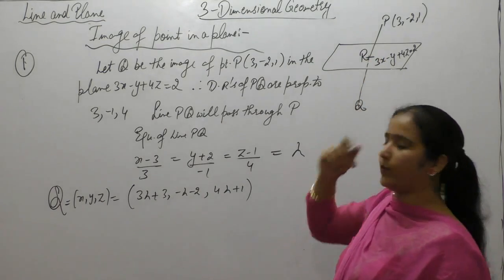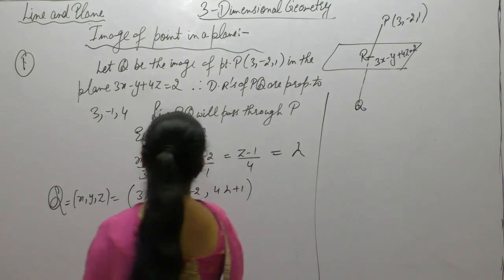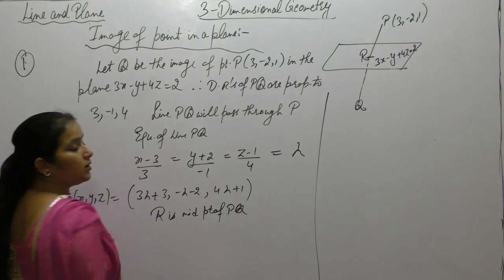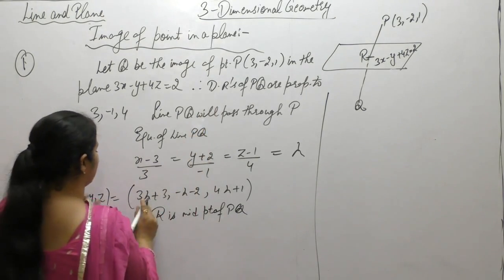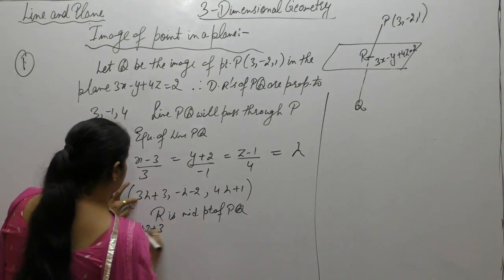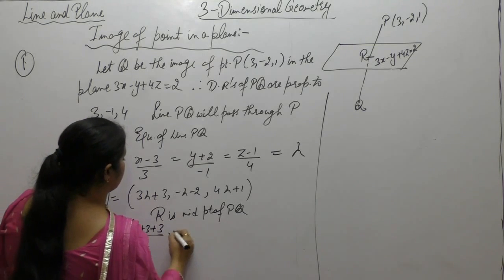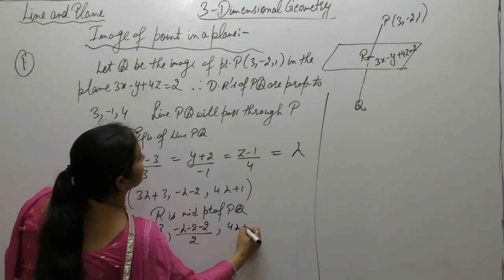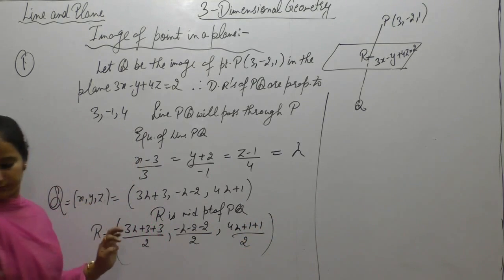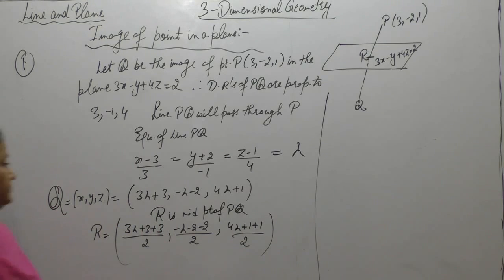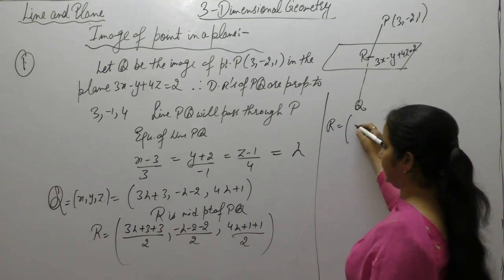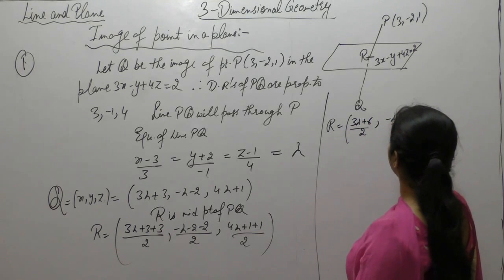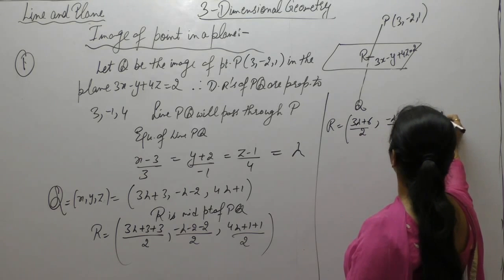Now R is the midpoint of PQ. So the coordinates of R will be (x1 + x2)/2, (y1 + y2)/2, (z1 + z2)/2. So the coordinates of R are (3 lambda + 6)/2, (-lambda - 4)/2, (4 lambda + 2)/2.